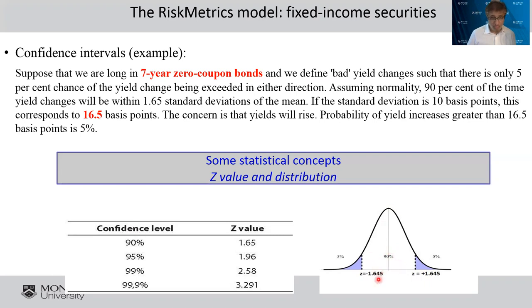The z-value will be on the left, which is minus z, or on the right, which is plus z. And we are talking about 90% confidence, which means here is 5% out of this area, and here is 5% out of this area. So to calculate the z from the tables or from Excel, it's 1.645.